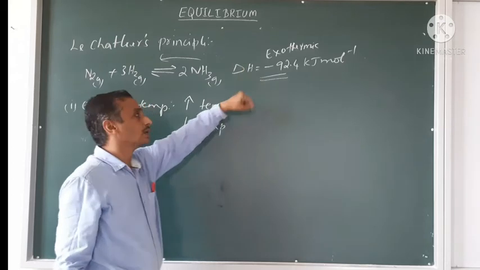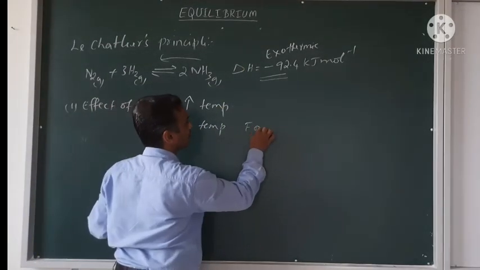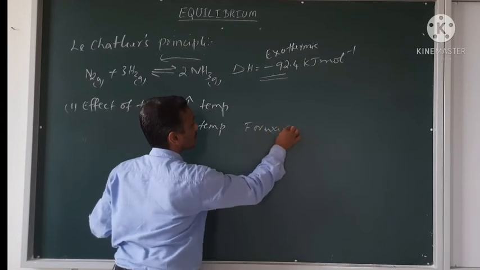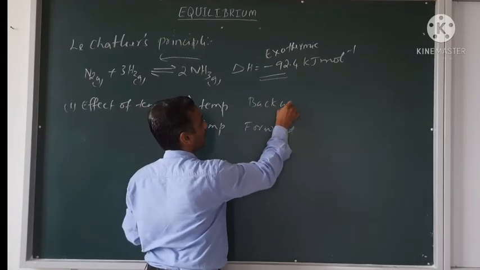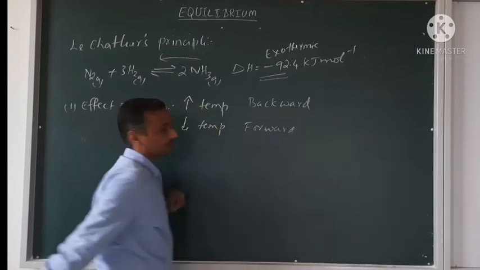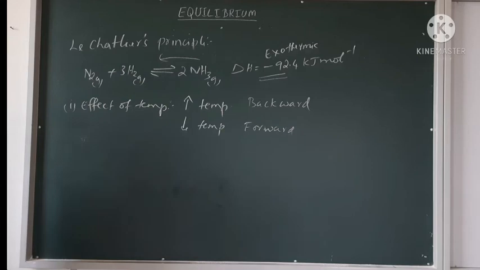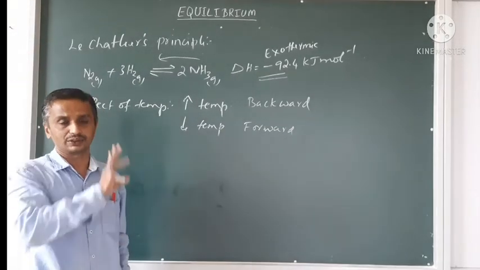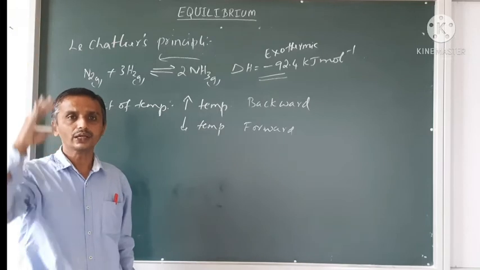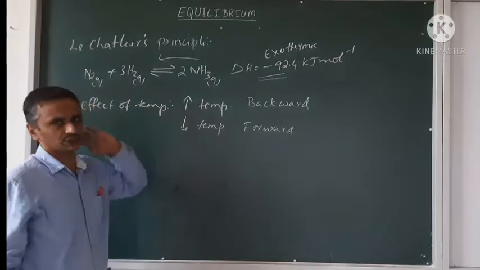Heat is evolved. This means when the temperature is decreased, forward is favored, whereas if the temperature is increased, backward is favored. And again, it is not that always in any reaction like this, temperature increase favors forward, temperature decrease favors backward. No, it depends upon the reactions.